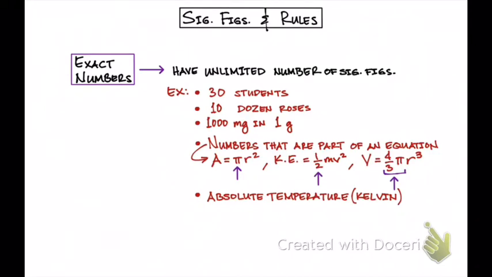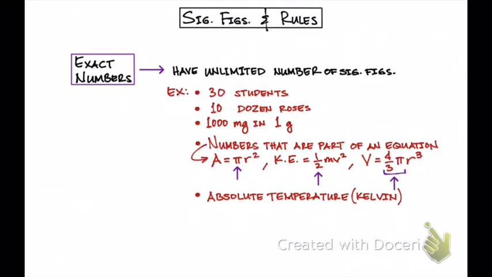So 30, let's say 30 meter is a measurement, you would consider that as 1 significant digit because the 0 is a trailing 0 and it's considered insignificant. But in a counted number, like 30 students, 30 has an unlimited number of significant digits. Same thing with 10 dozen roses, because that's a counted number.